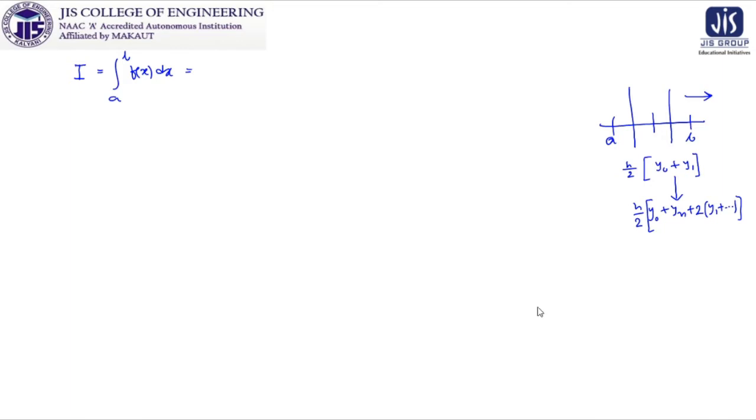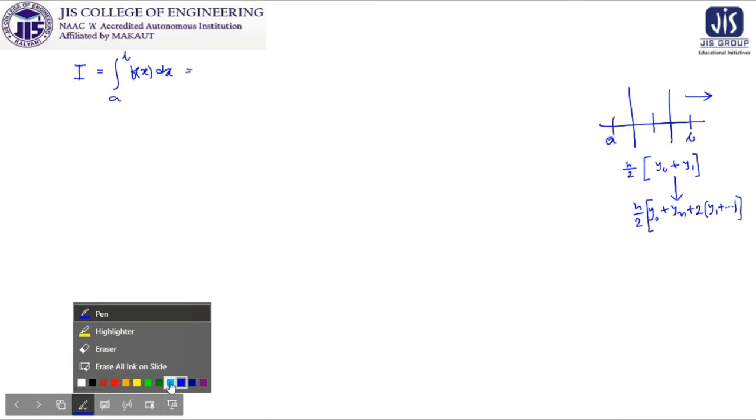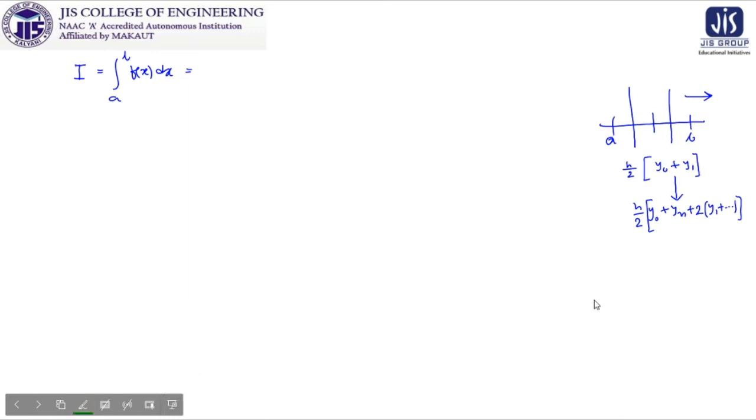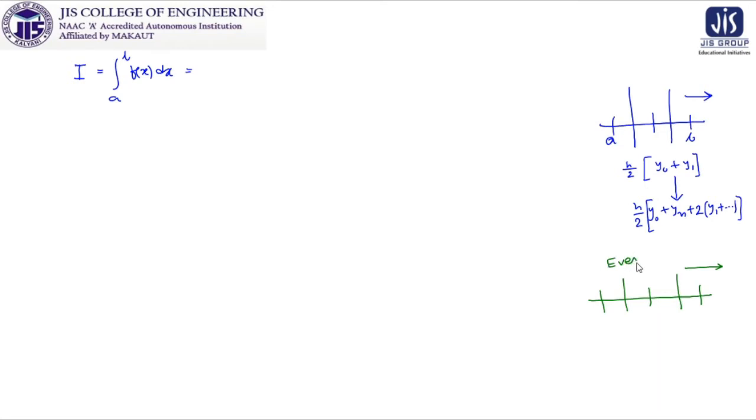But if we have a restriction in this distribution of the interval, that we are allowed to distribute it into two subintervals, or four subintervals, or six subintervals, I am emphasizing that the number of subintervals has to be even.